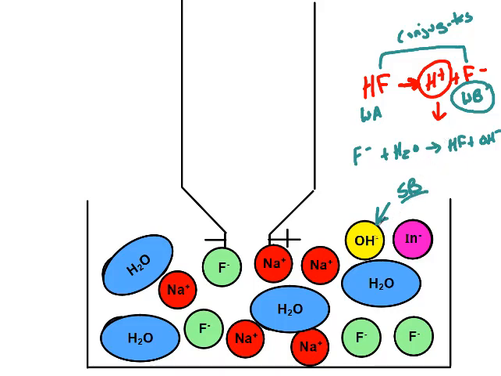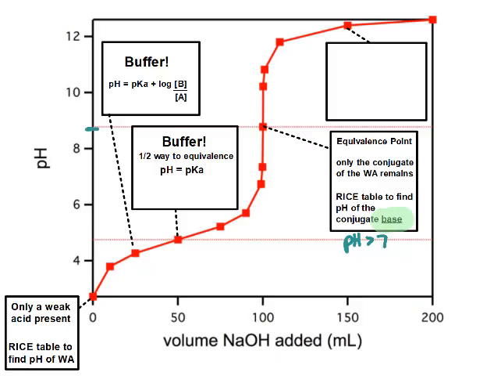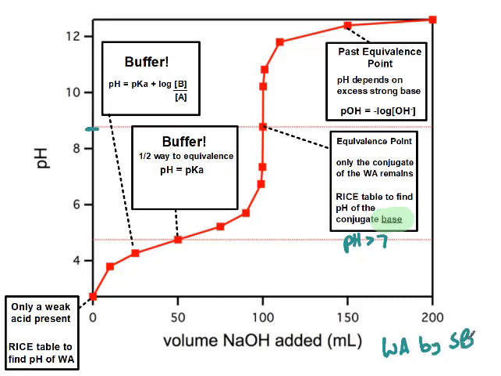So when you have a strong base and you have a weak base, we're only going to care about the strong base. So any point past the equivalence point on a weak acid strong base titration, the pH will depend only on the strong base. So just like before, we can find our pOH with the amount of hydroxide that was added that was extra, and then find our pH from there. So this one is a weak acid by a strong base.